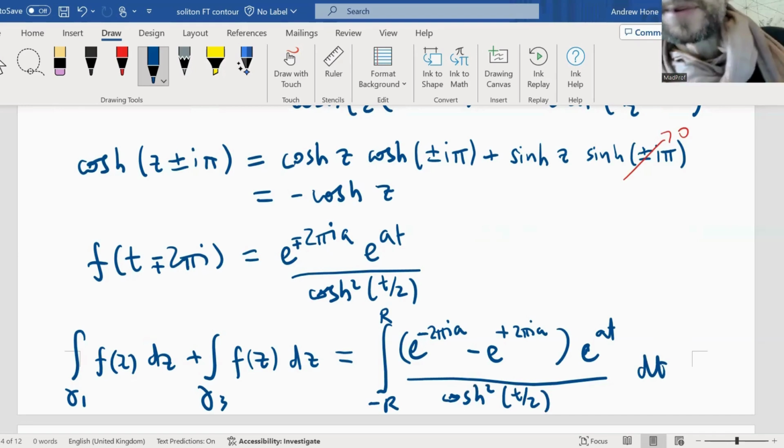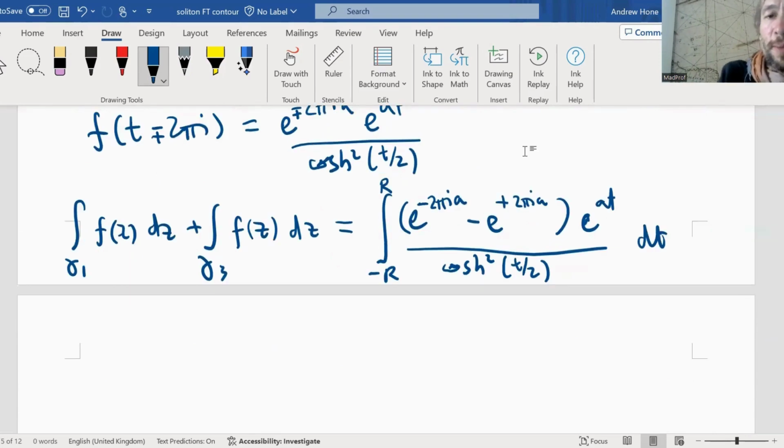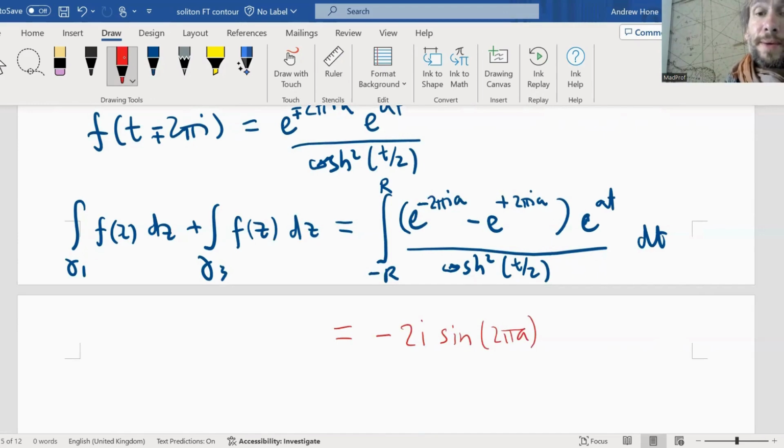So now if you stare at this, you see that there's a factor in front, which we can simplify. This part in brackets here we can write in terms of sine. So what we get finally is minus 2i sine 2 pi a, and then we have the integral from minus r to r of e to the at sech squared of t over 2 dt.